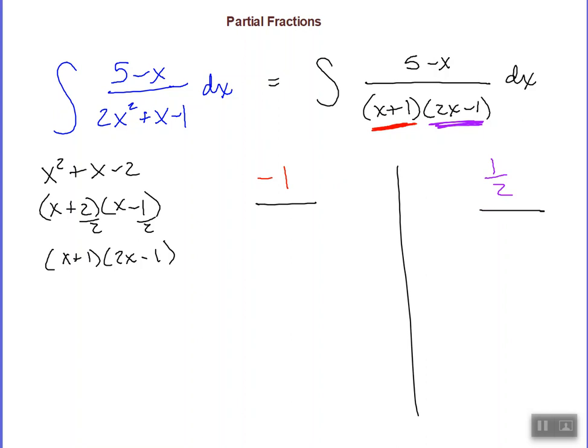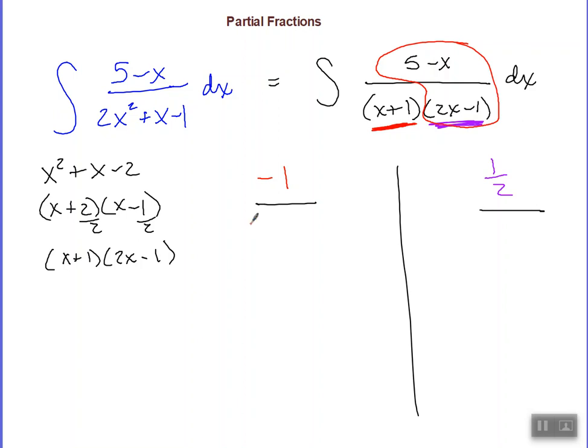I am going to plug -1 back into the problem. Now I don't want to plug it back into its own factor because that would give me 0 and that's not going to help me. That's why it's a 0. So I'm going to plug it back into everything else.